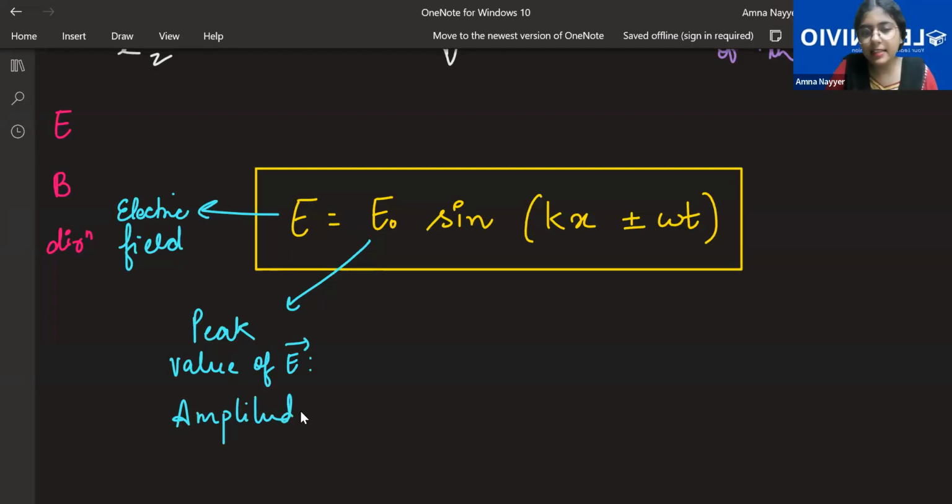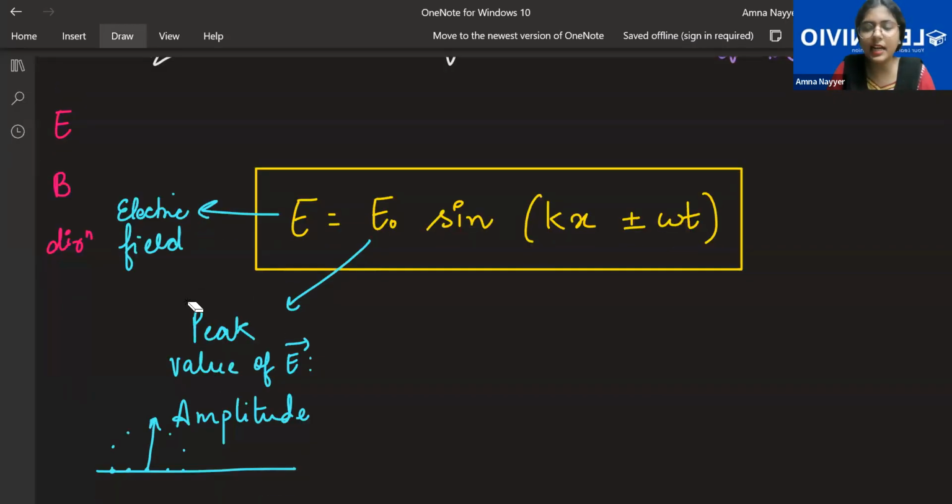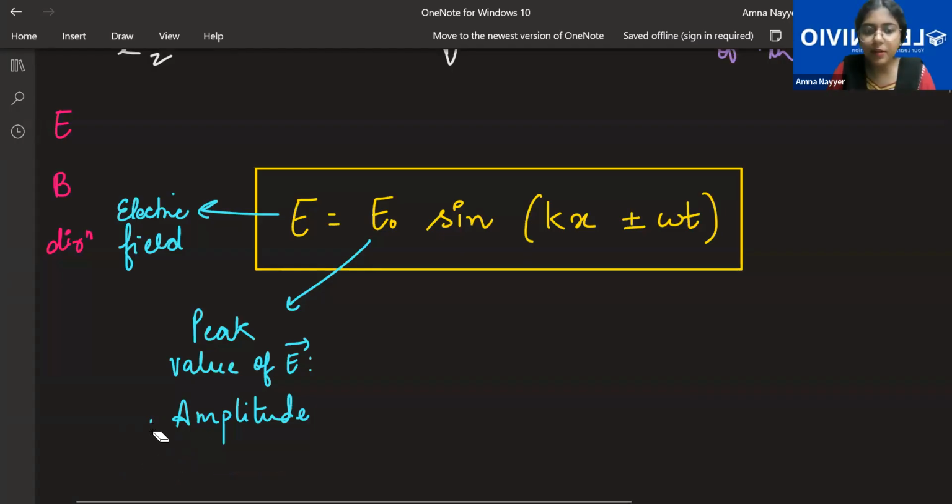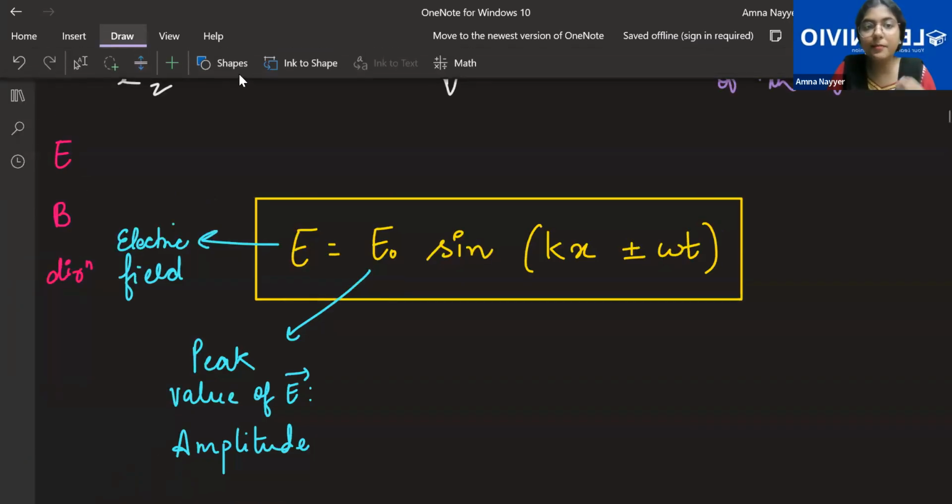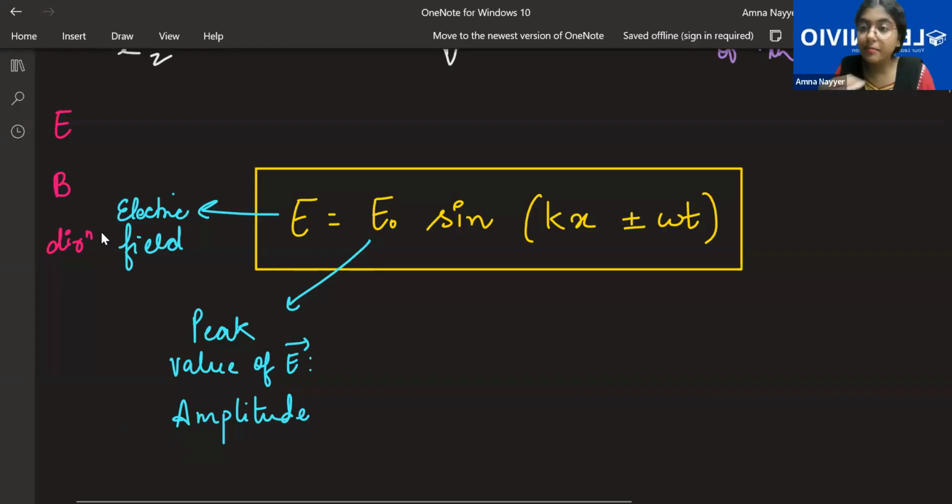See, in class 11th, the amplitude term was there. When a wave is there, all the particles of the wave are present. Let's say these are the particles. If this rises to this height, this rises to this height, this rises to this height, like this. Maximum displacement from the mean position is known as the amplitude. This was there in class 11th waves. Okay. So amplitude means the highest value, the largest displacement from the mean position.